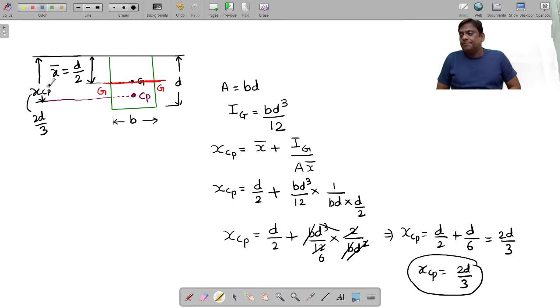You have to remember this because many questions have come from this. Please note that this is valid only when the top edge of the rectangle is coinciding with the free surface. So I'll give you a simple example.